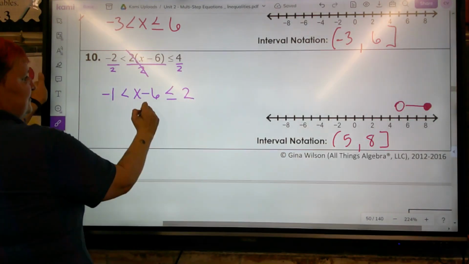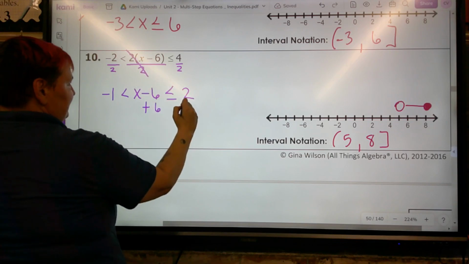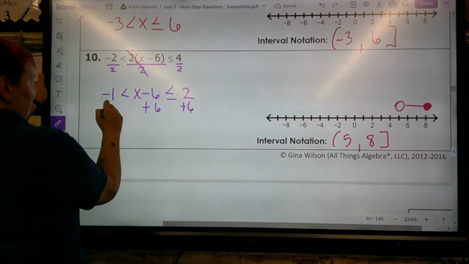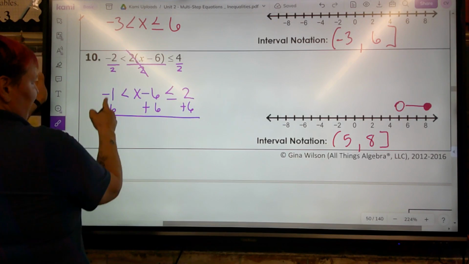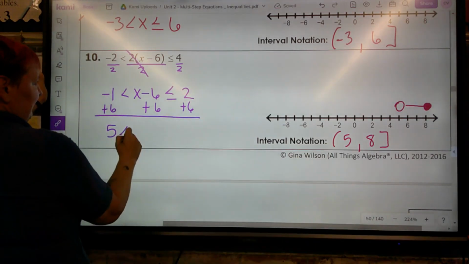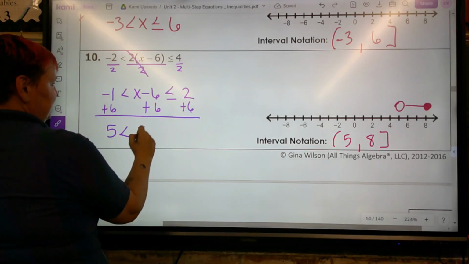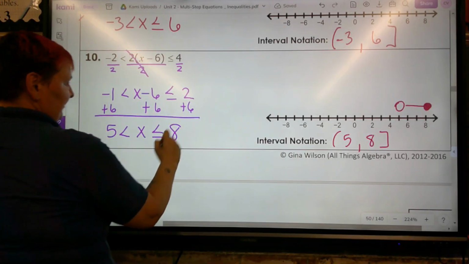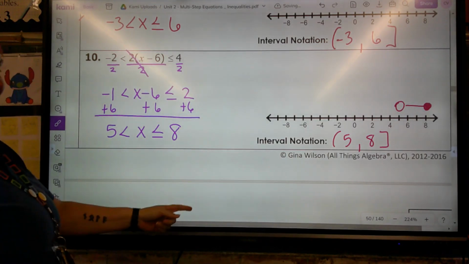Now you could just add 6 because you got rid of the parentheses. And you get 5 less than x less than or equal to 8. Oh, that's funny. It's the same answer.